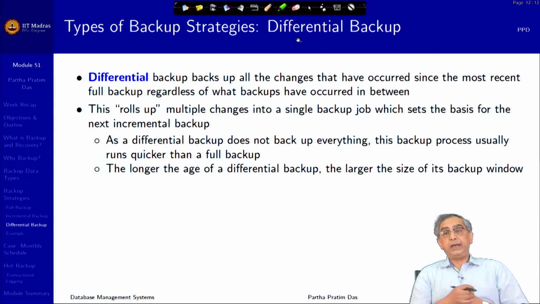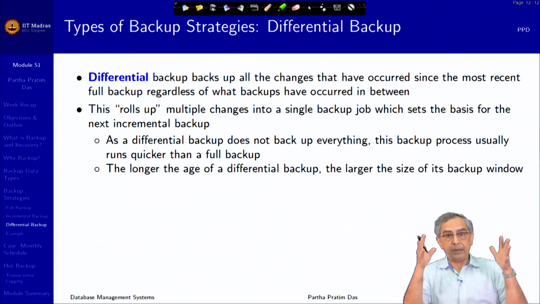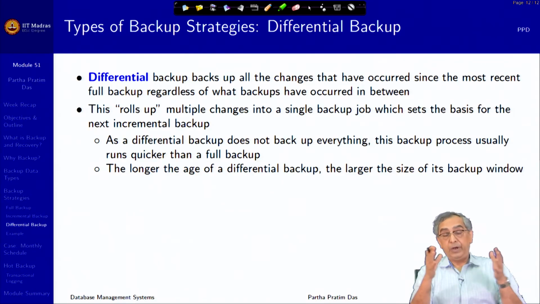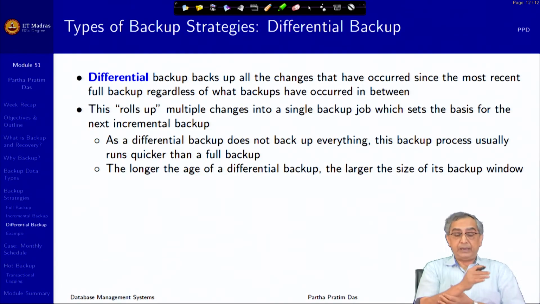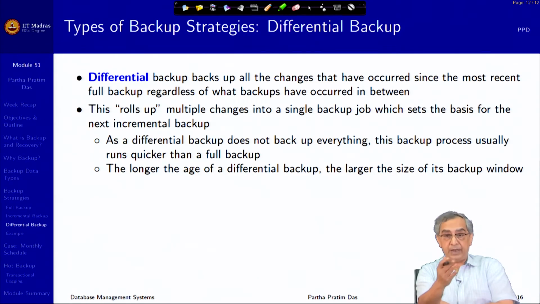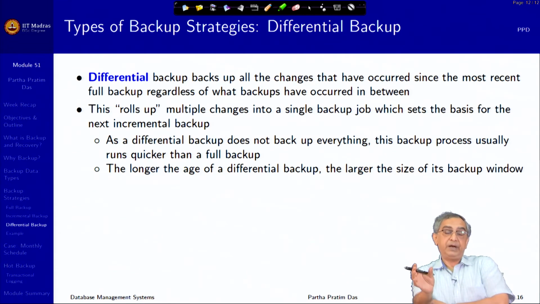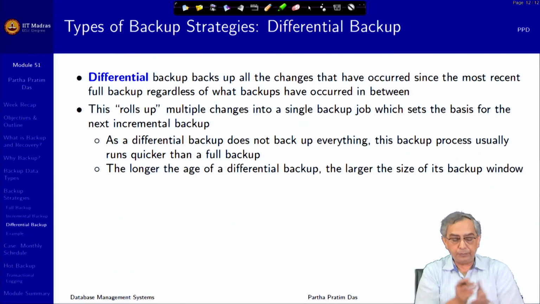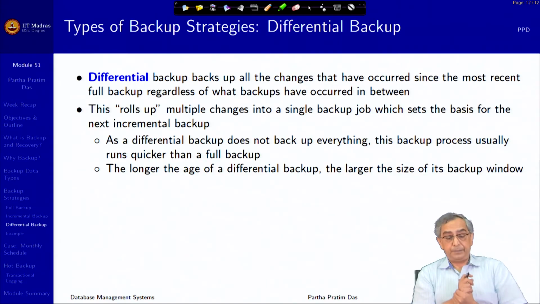So, you can see that full backup, dealing with the whole system together, has a very low granularity, whereas incremental backup has a lot more granularity. It is being done in small units every day. So, it has a trade off between the two. So, differential backup is a strategy that does a medium range granularity, right.